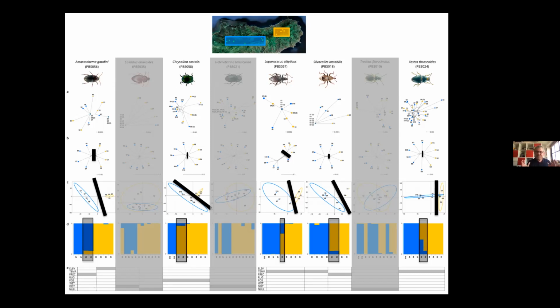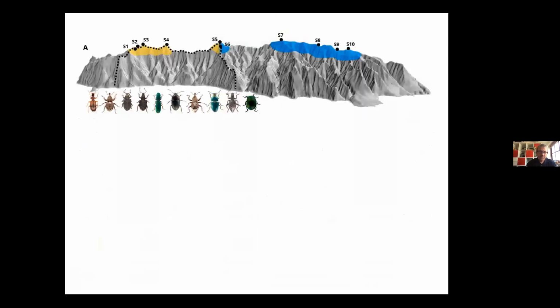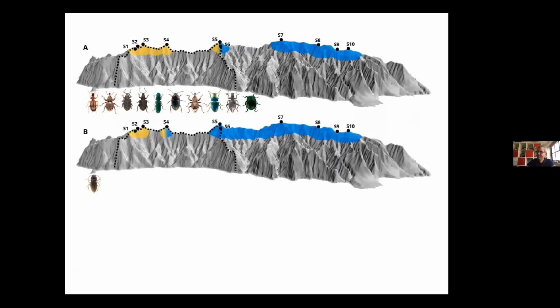So what the data is essentially telling us is that we have a model of isolation and secondary contact repeated across a large number of species. So we have, how many is this? 1, 2, 3, 4, 5, 6, 7, 8, 10 species that show exactly this structuring here, east-west, and a contact area here. We have another species that's divided to east-west but was never sampled here. So we have 11 species showing the same regional context structuring.